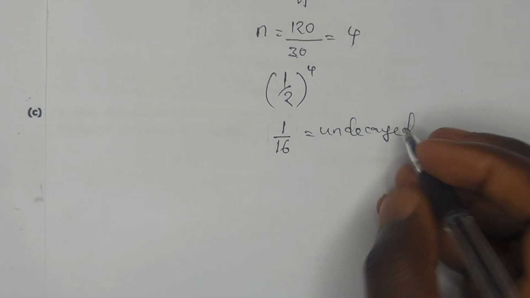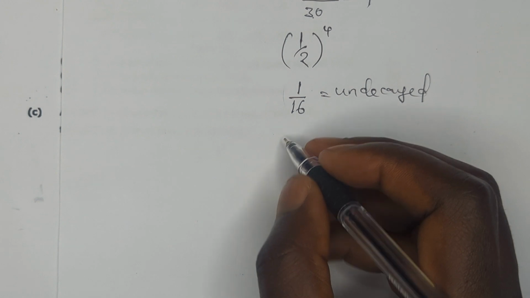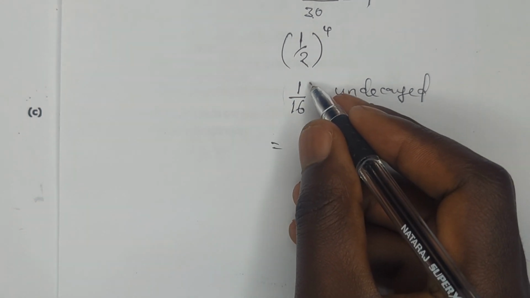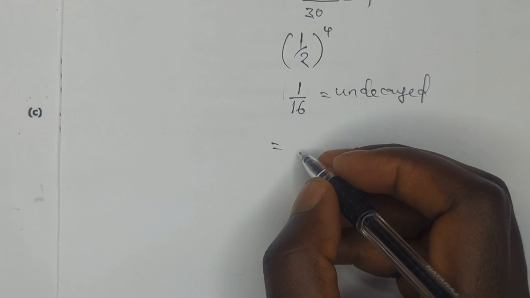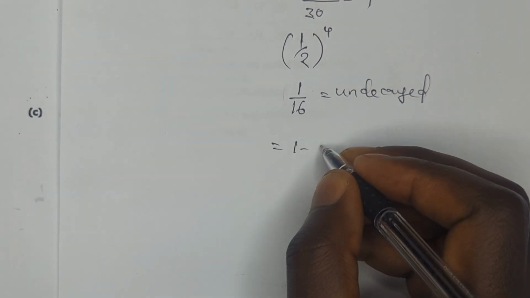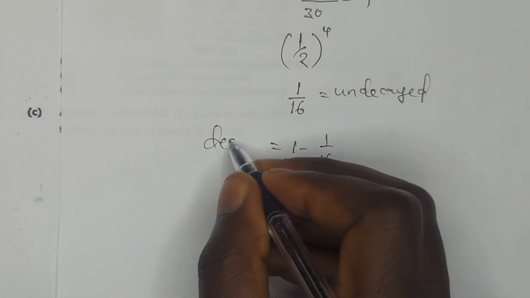To find the decayed, we are going to subtract 1 over 16 from 1. So 1 minus 1 over 16. This now becomes the decayed.